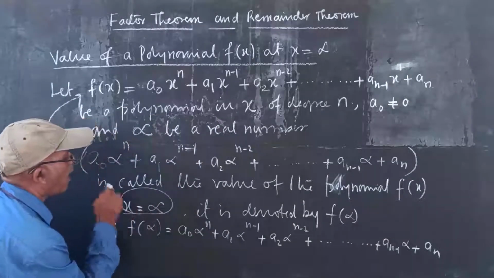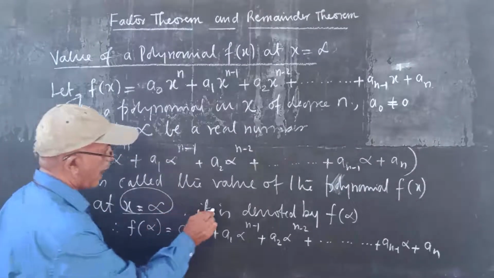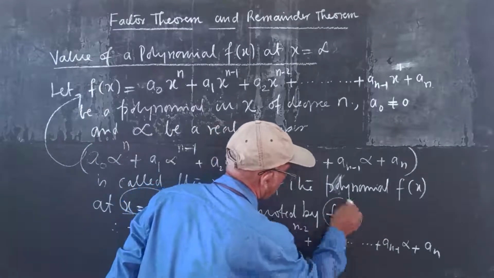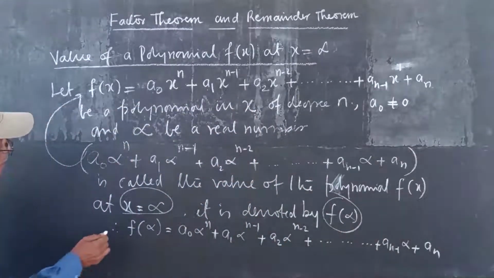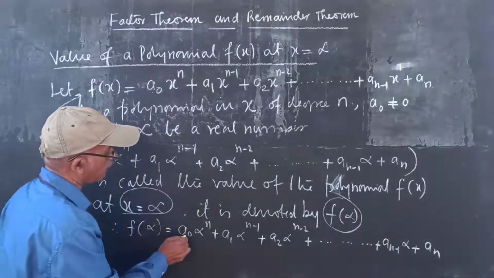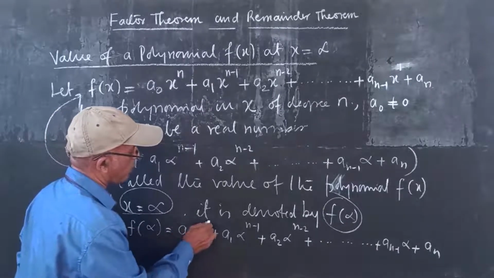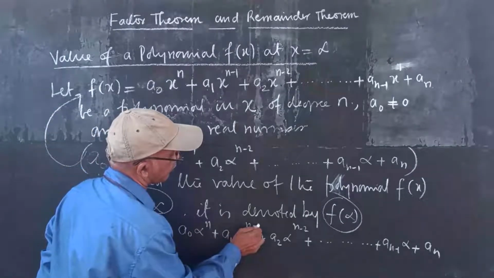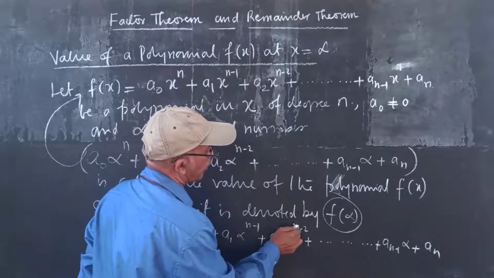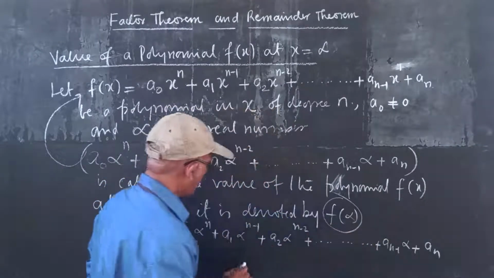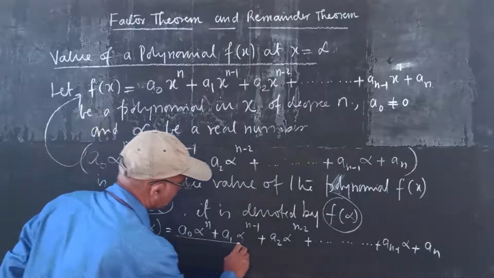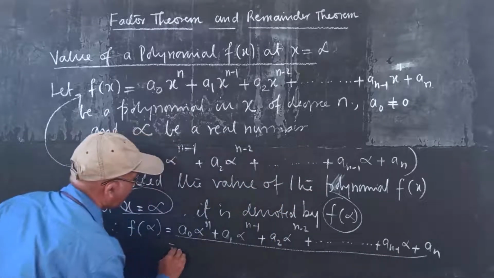This is the value of the polynomial f(x) when x is equal to alpha, and it is denoted by the notation f alpha. So f alpha is equal to a naught alpha to the power n plus a1 alpha to the power of n minus 1 plus a2 alpha to the power of n minus 2, etc. All this is a real number.